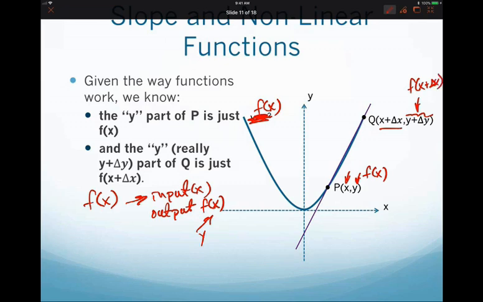So y is just f of x, and for the second point at Q, the output is f of x plus delta x. We've moved away from using 2 and 4 and 3 and 9, and we're just using x's and y's.